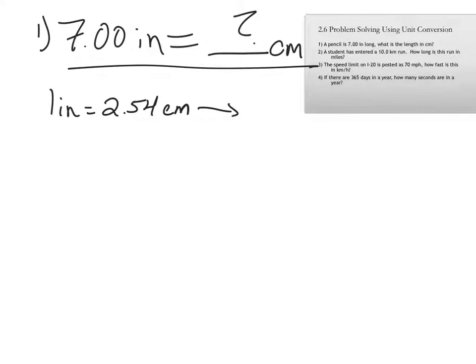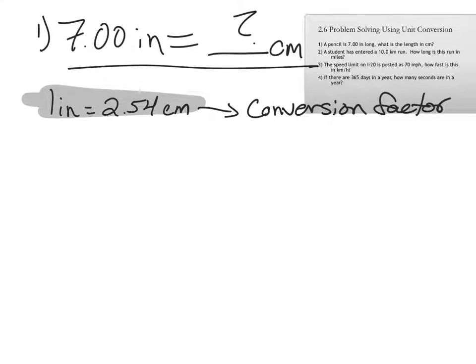That is your unit conversion, or conversion factor. Now, when you're using a unit conversion or a conversion factor, whatever you call it, these are always going to have infinitely many significant figures.